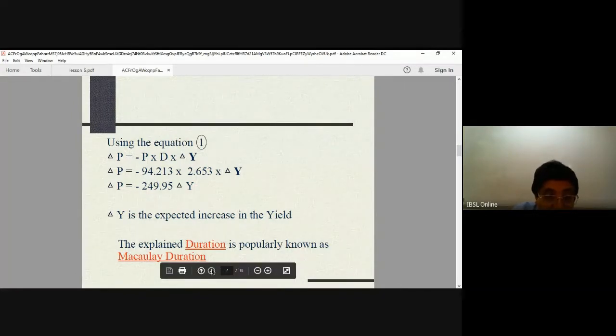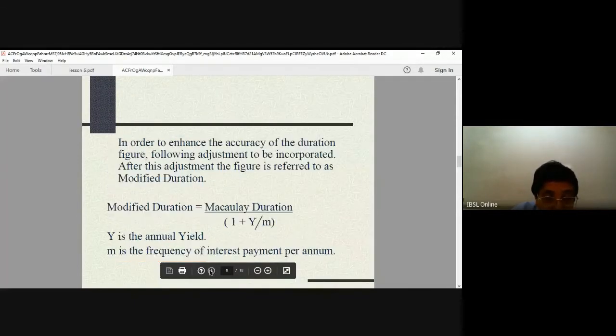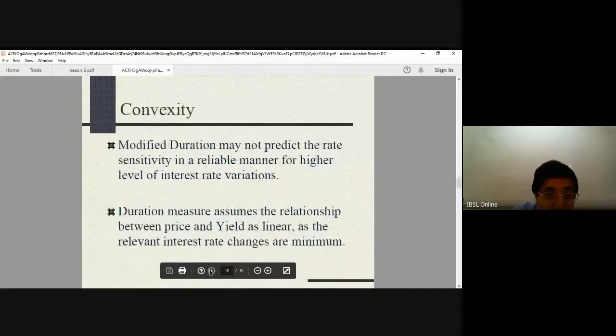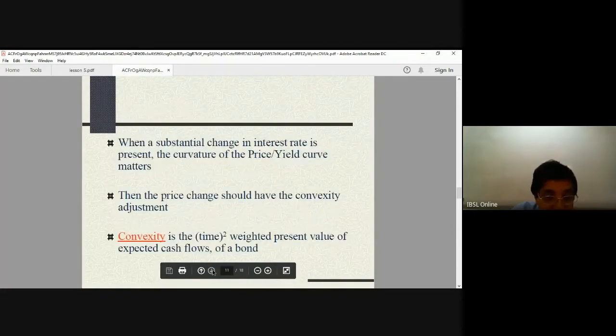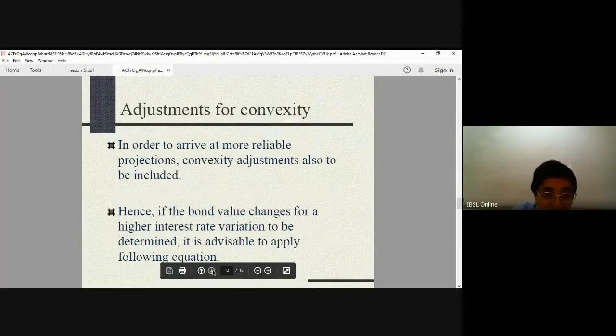But for higher interest rate changes, this is not valid. Now, today we discuss convexity. Now this is the adjustment for convexity. Now we are trying to see how we are going to adjust it.